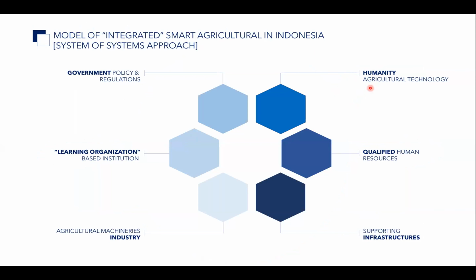The first is that we want to develop humanity agricultural technology. We cannot directly develop high tech in agriculture, but we have to consider our society, our farmers. So that's why the first step is that we need to develop humanity agricultural technology.